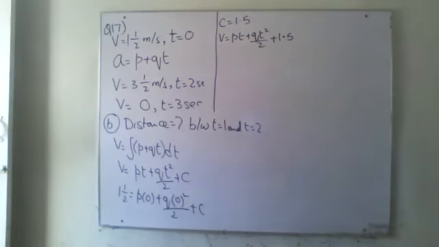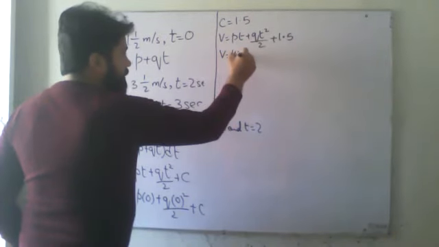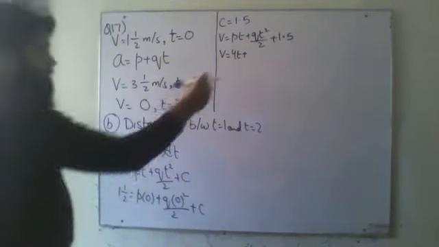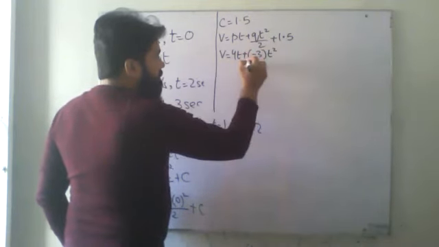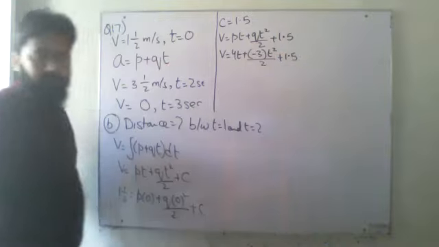Okay, this is my equation in terms of P and Q, but I have found the values of P and Q also. So v equals, P is 4, and what was the value of Q? The value of Q was minus 3.